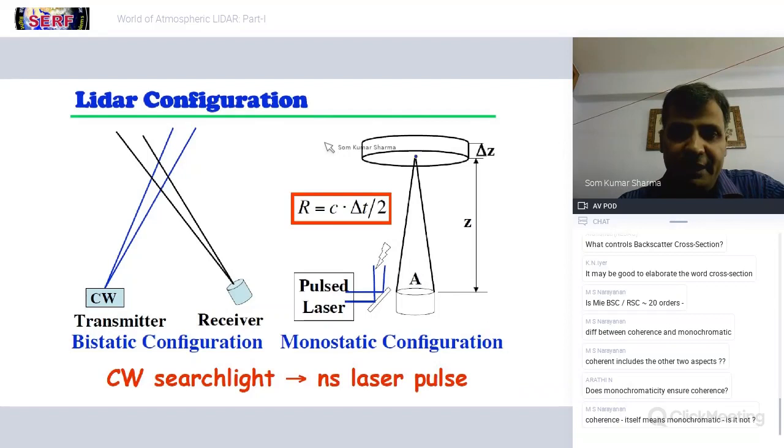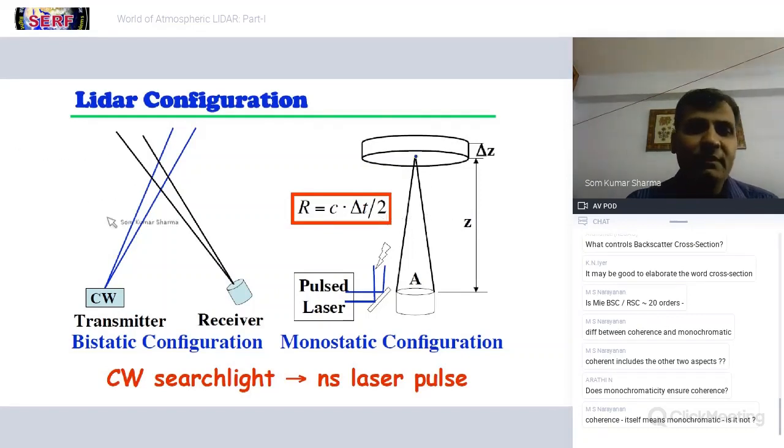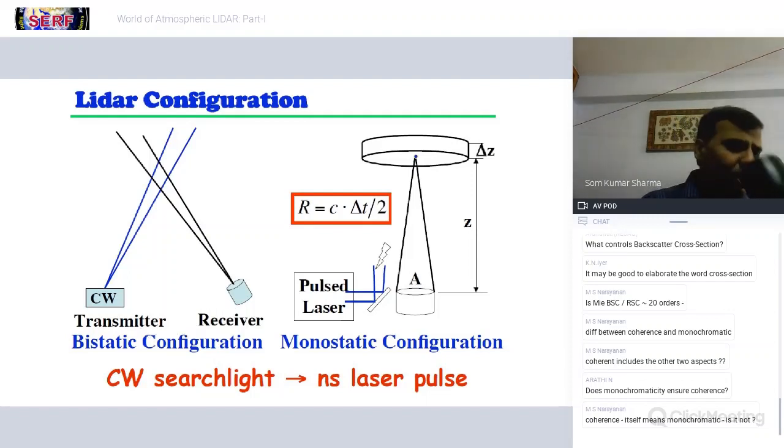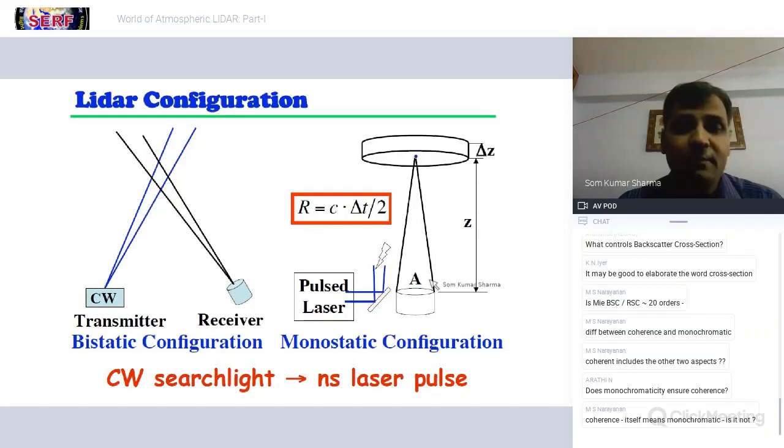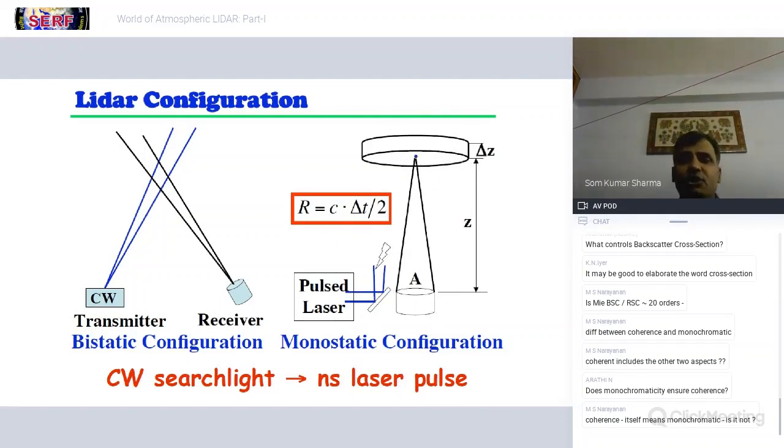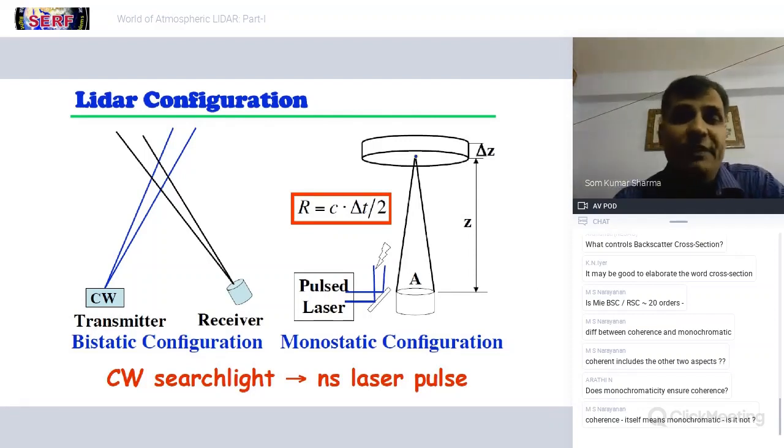So this is the monostatic configuration, with transmitter and receiver together, and in the bistatic configuration they are separated. Mostly in bistatic configurations continuous wave searchlights are used, and in monostatic configurations nanosecond laser pulses are transmitted, and you get the vertical distribution of various constituents and information about various processes.